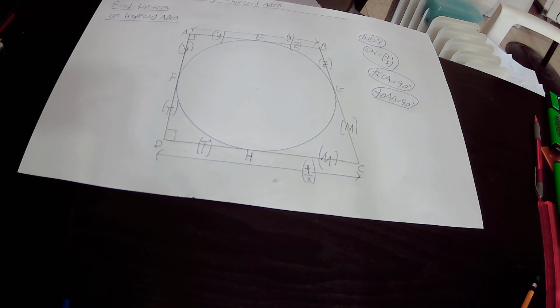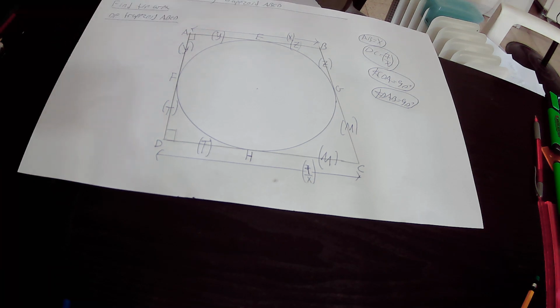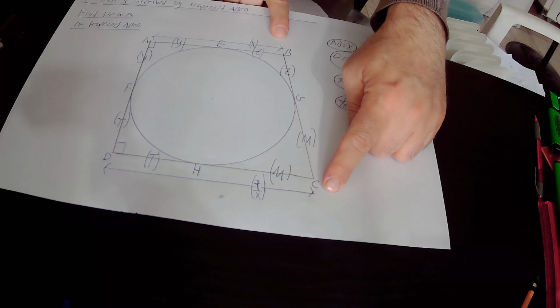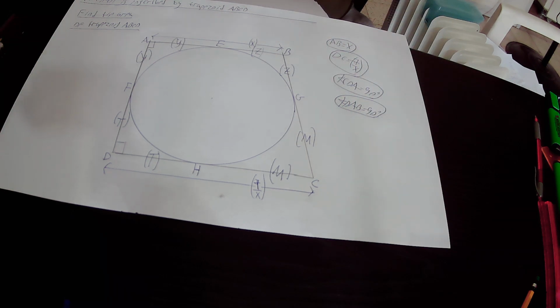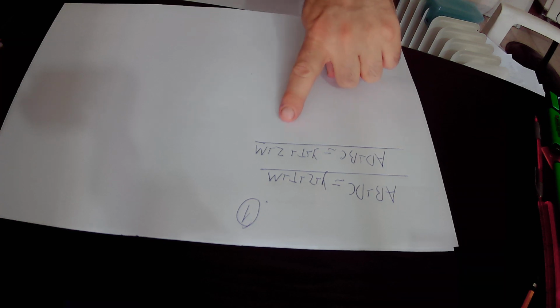Side AD equals y plus t, plus BC. BC equals z plus m. So in total we found out that AD plus BC equals y plus t plus z plus m.